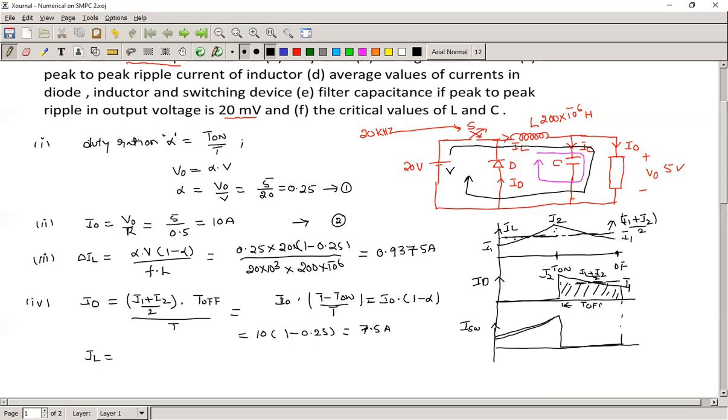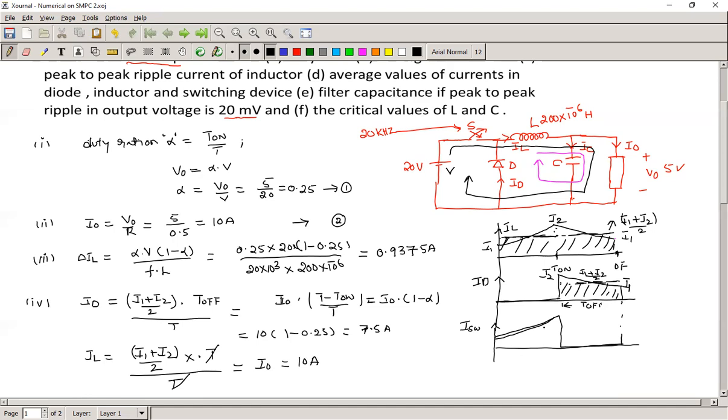So this total area is I1 plus I2 divided by 2 into total time period divided by T. Because here on time plus off time gives the numerator T, this T gets cancelled. Again, this value is equal to I0, because I0 is I1 plus I2 by 2. We know this value, 10 amperes.